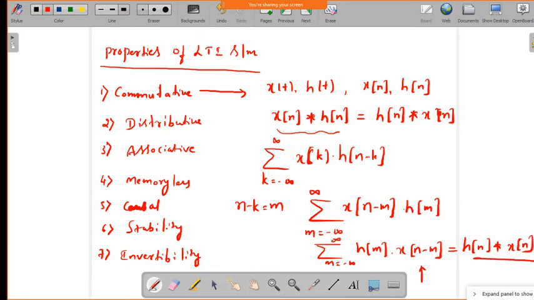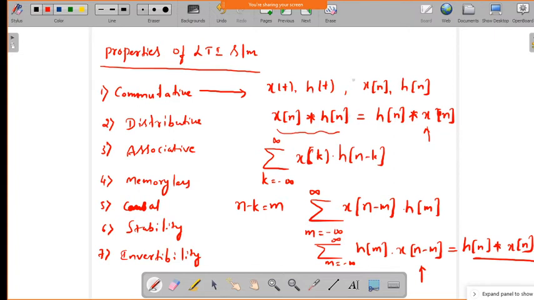So this is what we got, and this is nothing but the commutative property. If you change the order of input and impulse response in the convolution, the result will be equal.